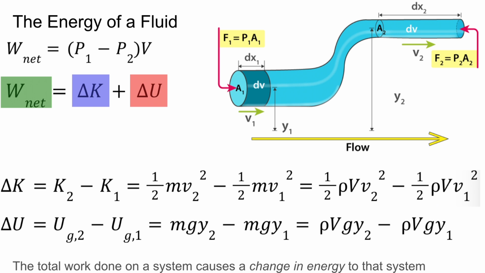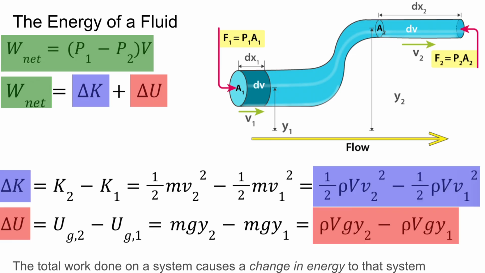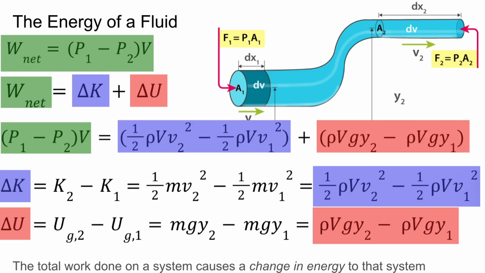And so if we look at that, our master equation up here, we've got our net work equals our change in kinetic energy plus our change in gravitational potential energy. And we now have three different equations to plug in for those three terms. So if we plug those in, we get something that looks like this.